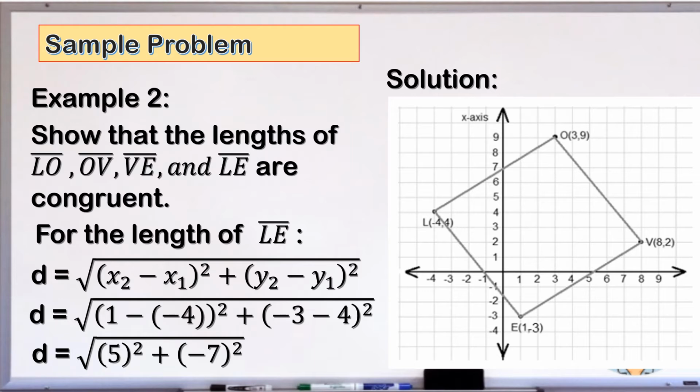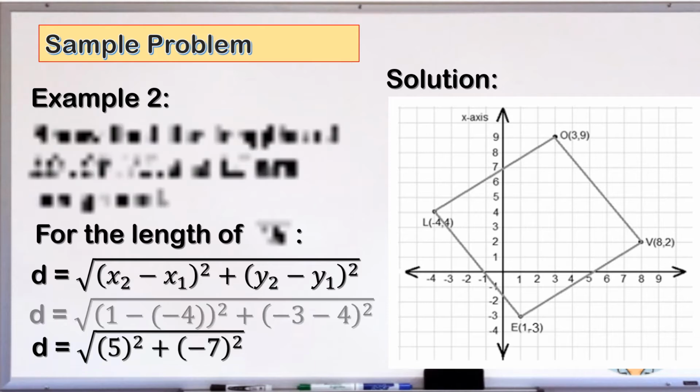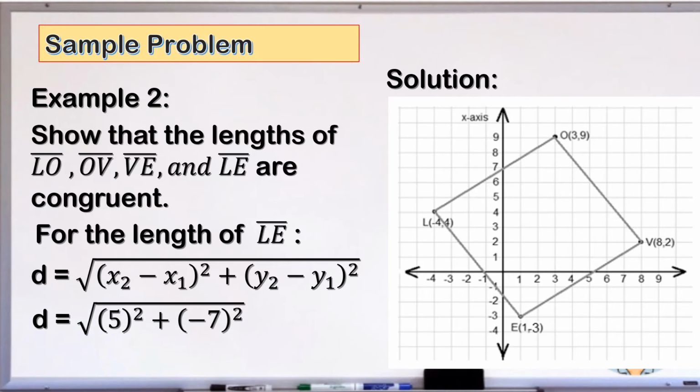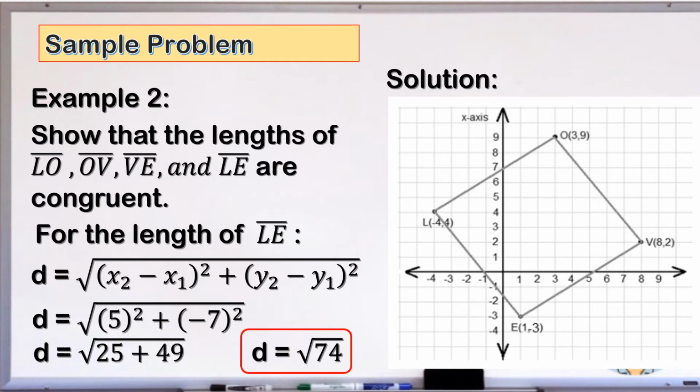And that is equal to the square root of 5 squared plus negative 7 squared. So to simplify, we have now the square root of 25 plus 49, which is also equal to the square root of 74. It follows that the length of segment LE is also equal to the square root of 74 units.